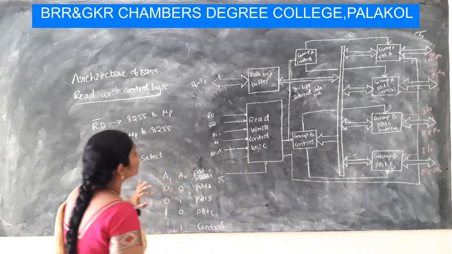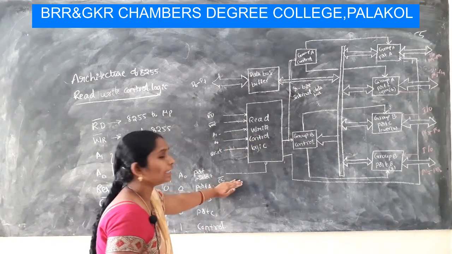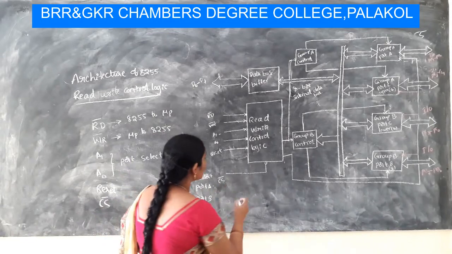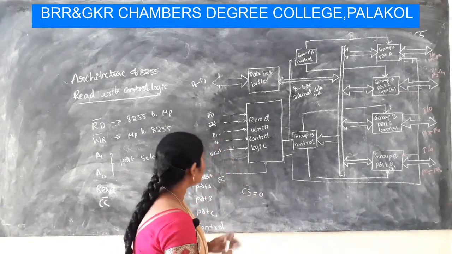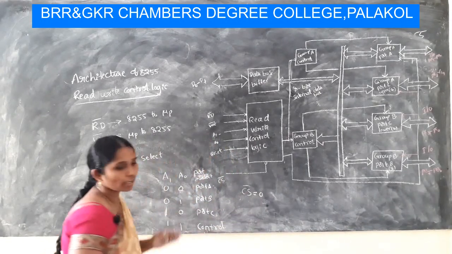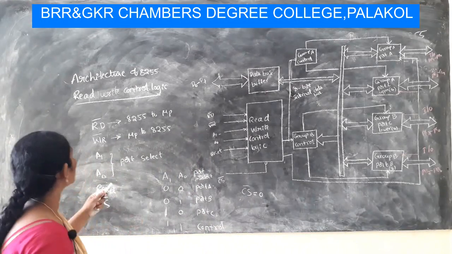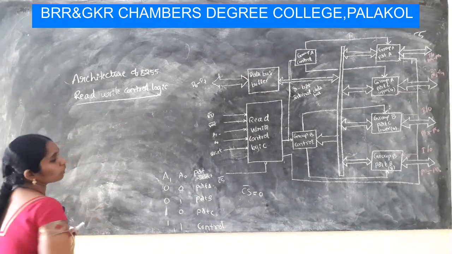The next one is CS bar, which is the chip select. When CS bar is equal to 0, only then is the 8255 enabled for communication between the input and output ports and the microprocessor.